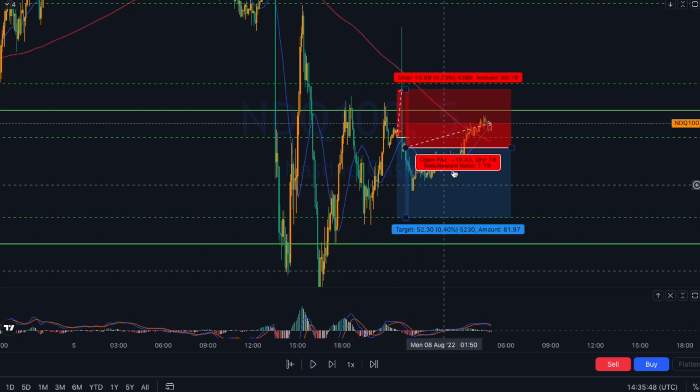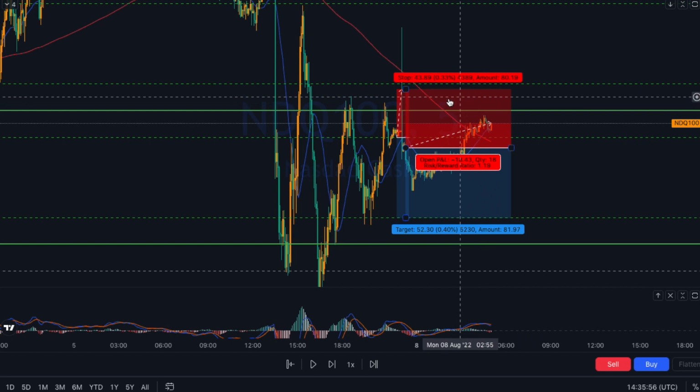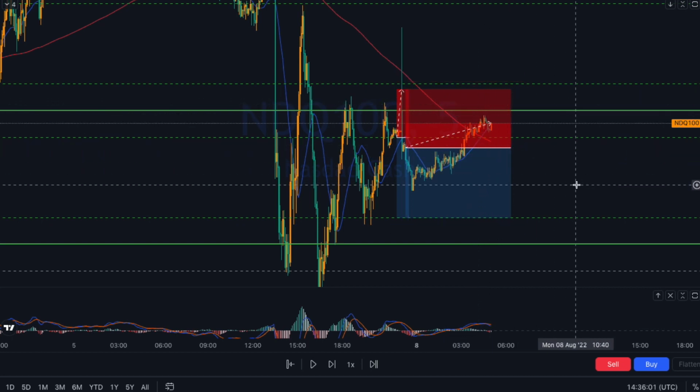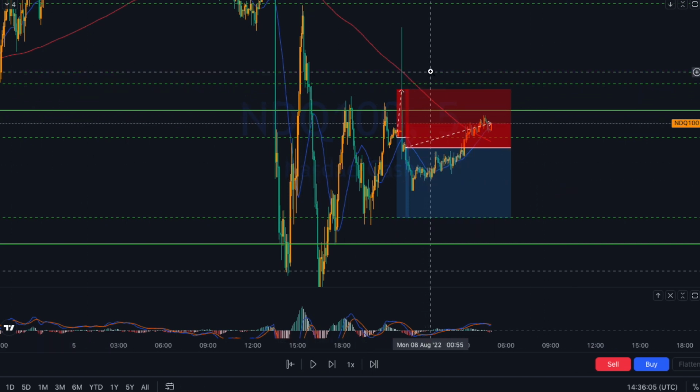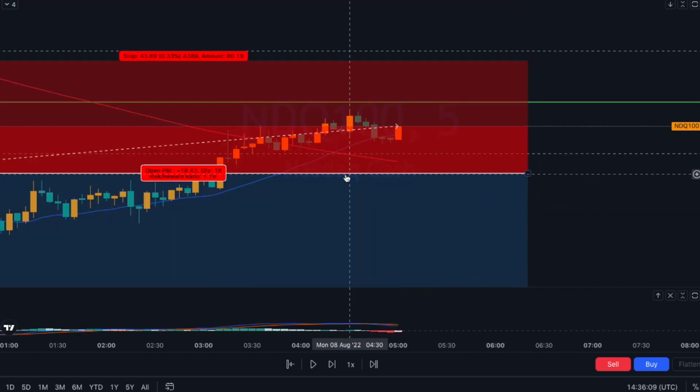Another thing is I will manually close the position if it goes above this resistance support level right here. If it goes above it, I will manually close the position, because then I'll know that price is moving against me. And already I kind of want to close this position. Do you know why? Because we have a cross of the MA200 and the MA20.